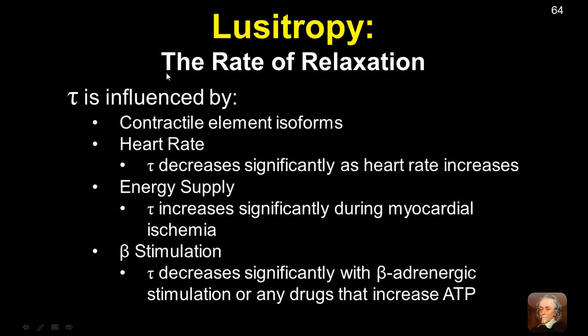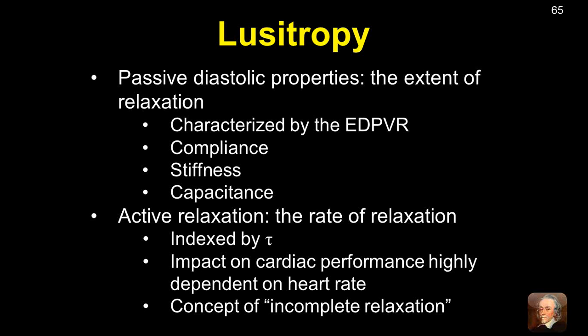So if we look at the rate of relaxation, this is influenced by changes in contractile element isoforms. It's impacted by the heart rate, which is related to the change in the kinetics of calcium uptake, related to the energy supply, and also by the state of beta adrenergic activation, because that impacts the rate at which calcium is sequestered back to the myofilament, and that, after all, is what underlies the rate of relaxation.